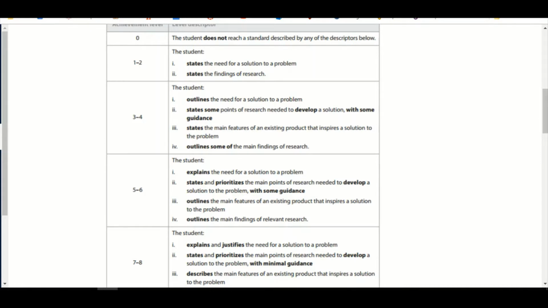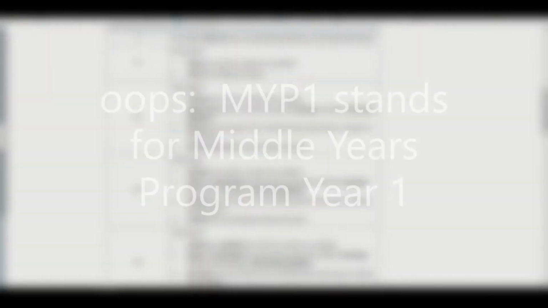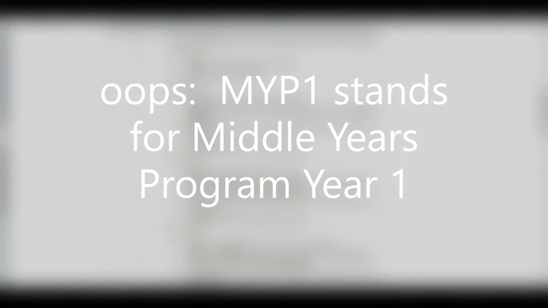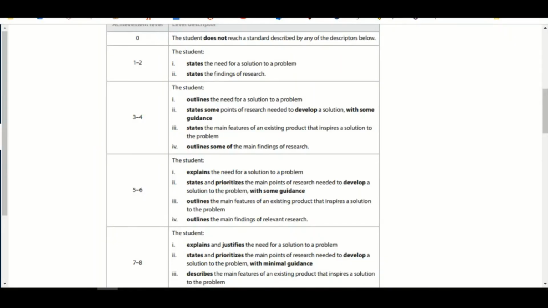There are two different rubrics that we use at our school. There is the MYP 1 rubric, which stands for Middle Years Program. You know it as 6th grade. And there's the Middle Years Program 2 and 3 rubric, 7th and 8th grade. They have the same rubric.